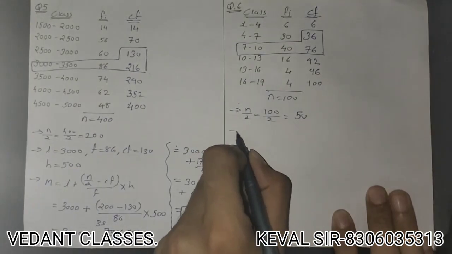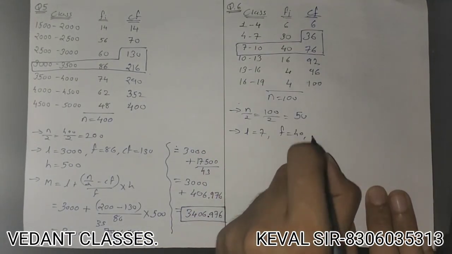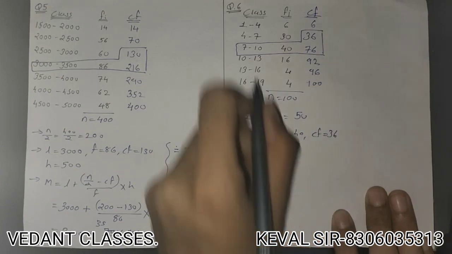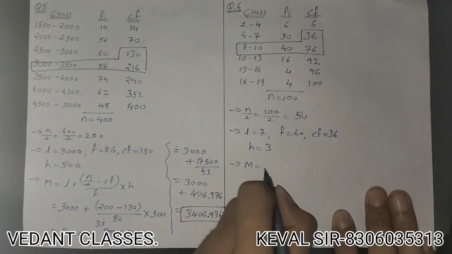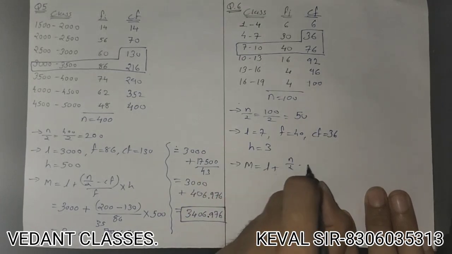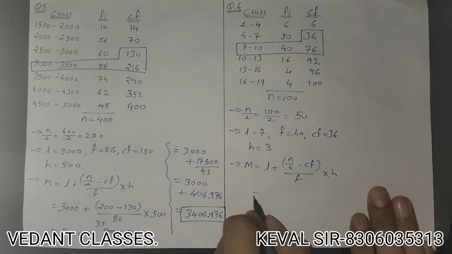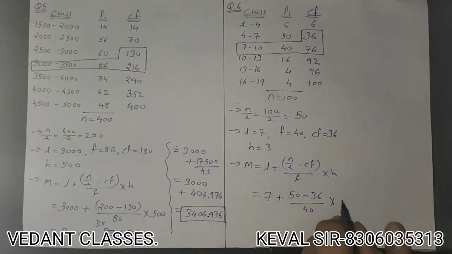Okay, so here L will be 7, F will be 40, CF will be 36, and H will be 3. So apply the formula. M is equal to L plus n by 2 minus CF upon F into H. The value of L is 7, the value of n by 2 is 50, the value of CF is 36, the value of frequency is 40, and the value of H is 3.